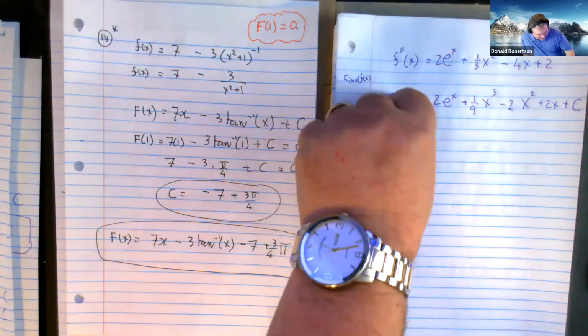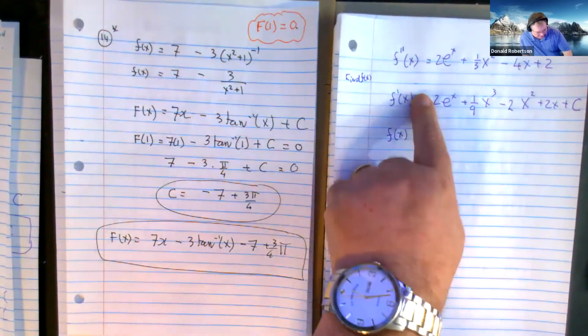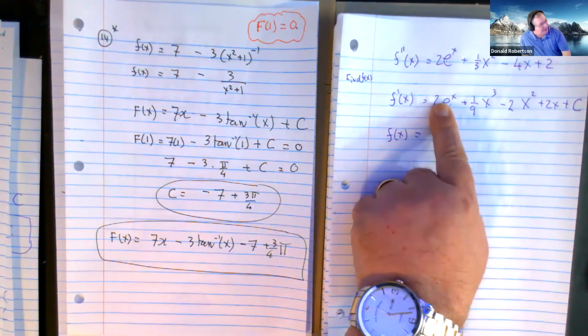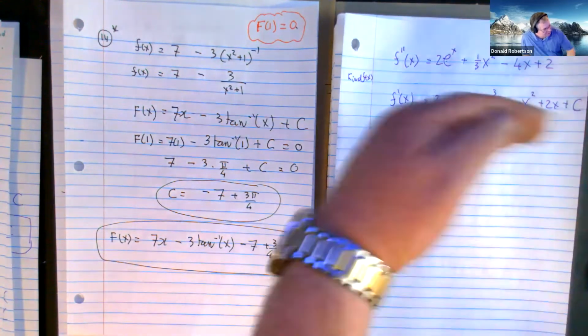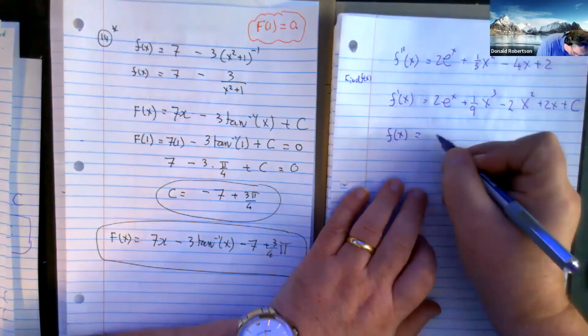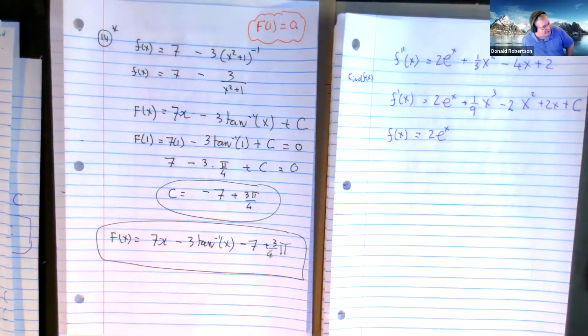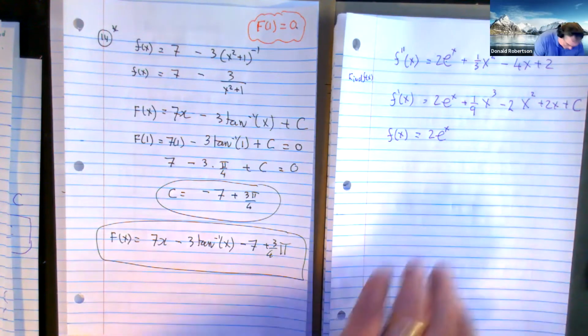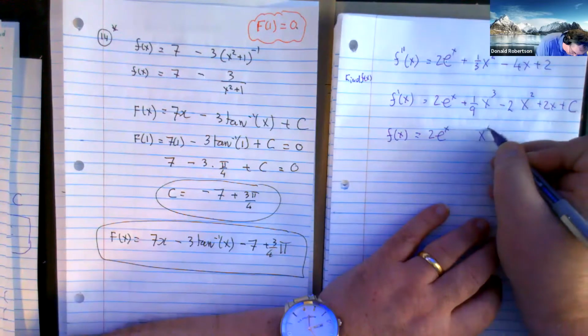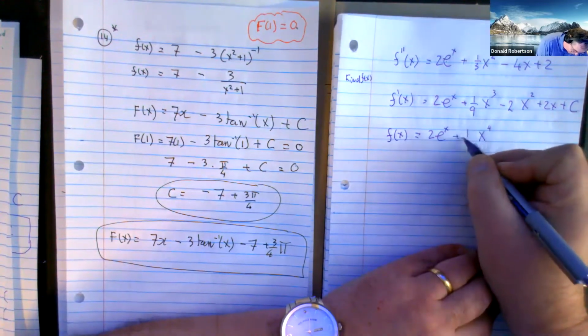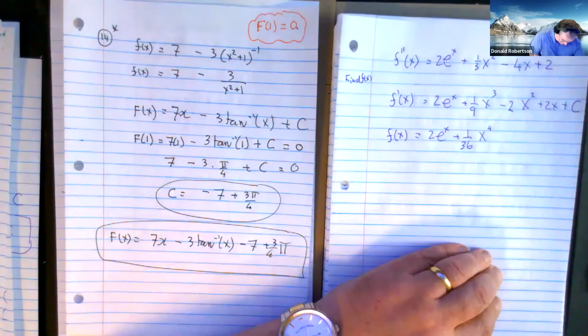If you want to find f of x, don't you now need to take this guy and find his antiderivative, right? You kind of do it twice. Well, that guy is pretty boring. Plus, I very rarely ever make mistakes, right? The antiderivative of 2e to the x is still 2e to the x. This guy here, you add 1 to the power and divide by the new power. You've now got 1/36.